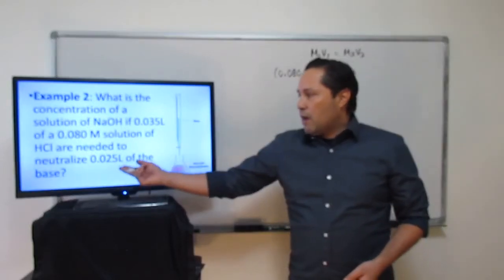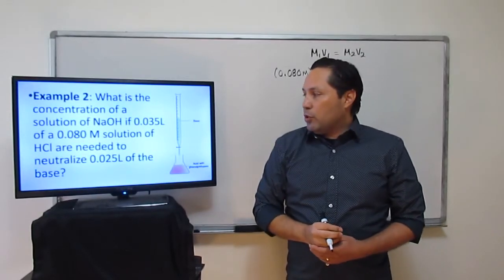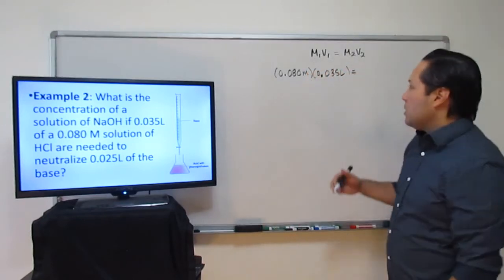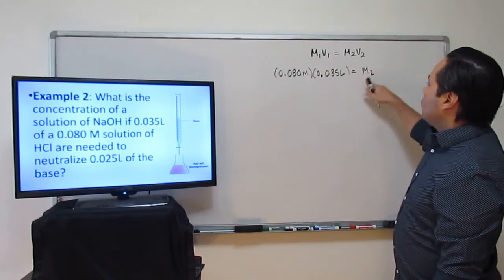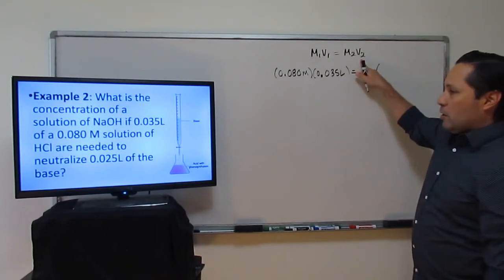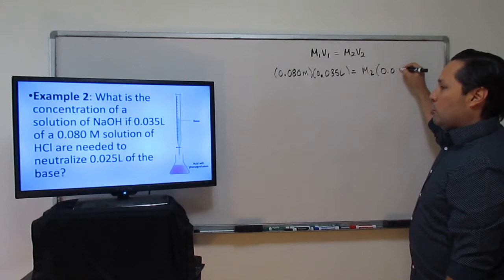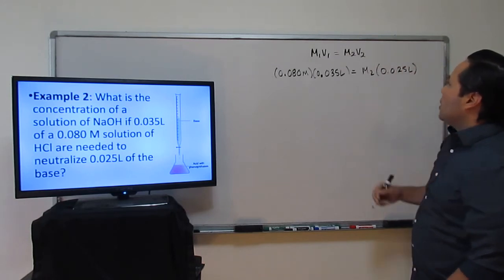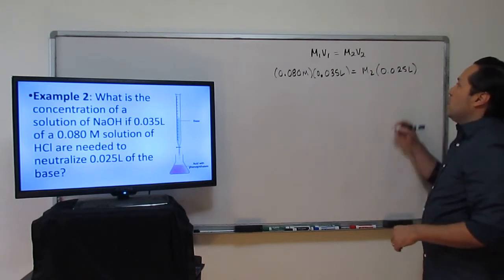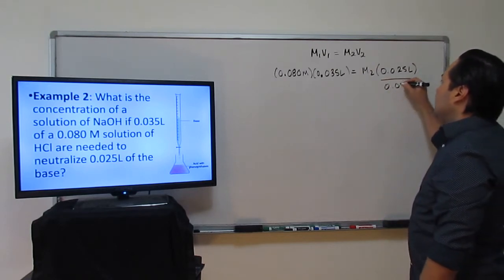They tell us that we have a volume of 0.025 liters. So what concentration must it be so it can neutralize the acid? I'm looking for the concentration, in this case M2 for molarity, times the volume of 0.025 liters. Again, I want to solve for the molarity, so I'm going to divide both sides by 0.025 so I can isolate that M2.